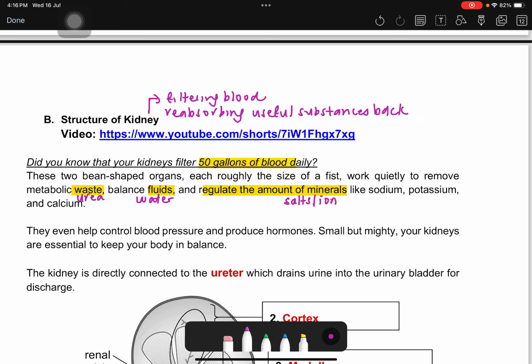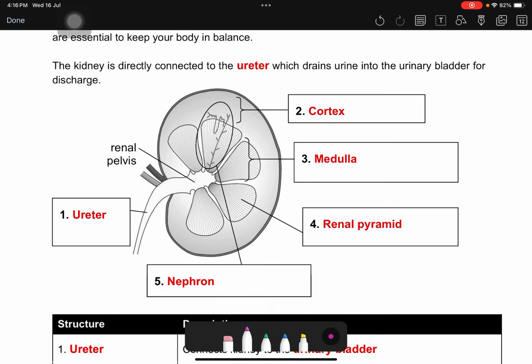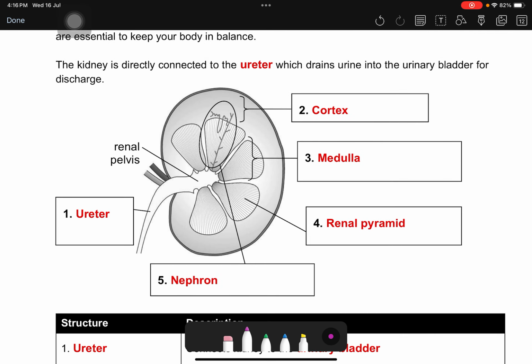So let's take a look at the cross section first, all right, to see what are the different parts of the kidney. So when it's divided across the cross section, we can divide the kidney into two specific regions. All right, so I'll use the dotted line to separate the two different regions that we are talking about.